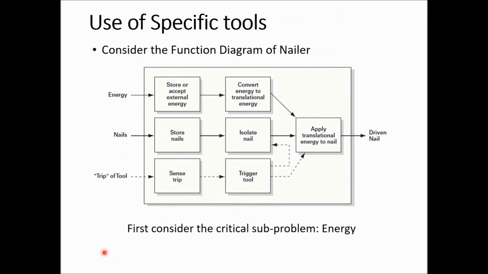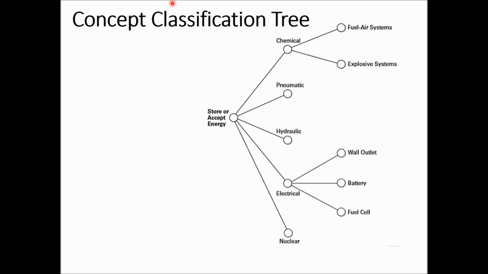Now, if you look back at the functional decomposition of the nailer problem, once you identify the critical sub-functions, in this particular example, sub-functions related to energy. If I take, for example, store and accept external energy, then you can represent it using a classification tree as you could see here. You represent different techniques that you could use for store and accept energy in a tree diagram like this.